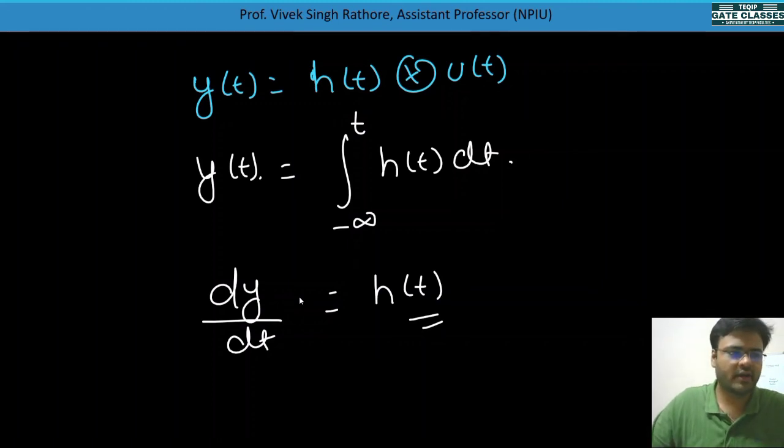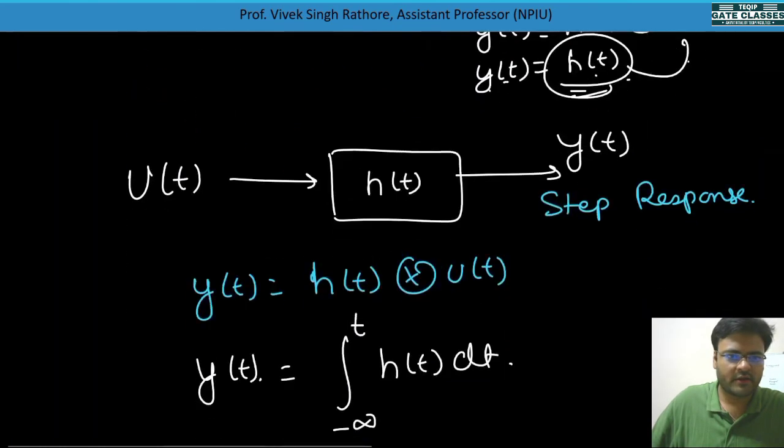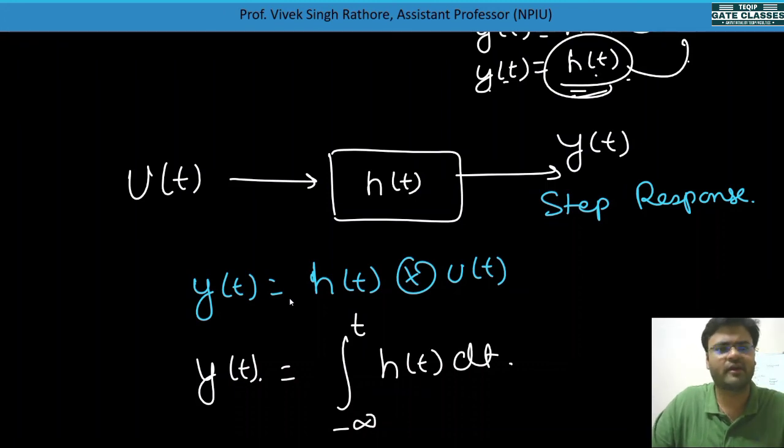Let's suppose y of t is actually a general value for any type of input. If it is given to a system, you will get y of t. But for a specific impulse input, we have mentioned the output as h of t.